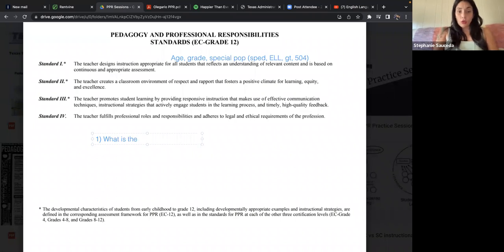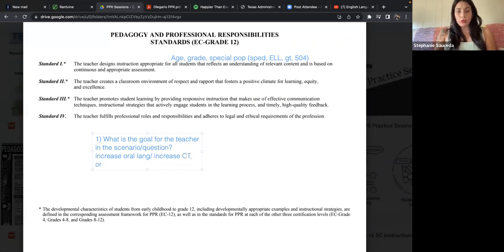First and foremost, what is the goal for the teacher in the scenario? Is it to increase oral language? Is it to increase critical thinking?